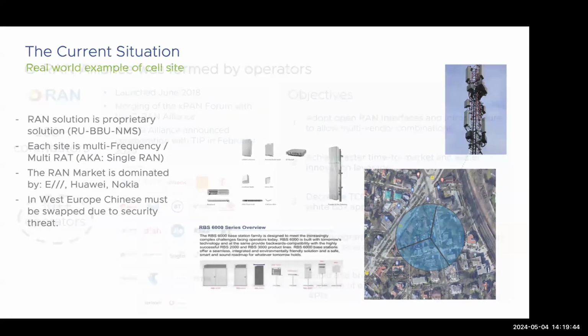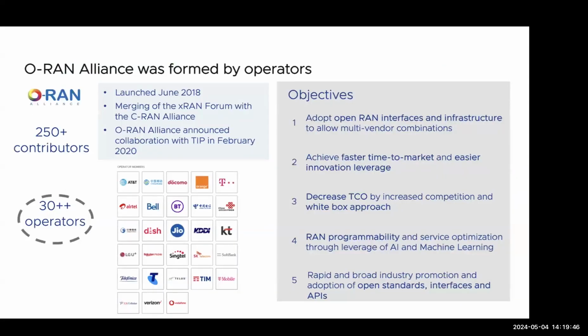This led mobile operators to merge a couple of forums, the XRAN forum and the CRAN Alliance, into the ORAN Alliance, which launched in 2018. And they said, okay, we are now the operators.